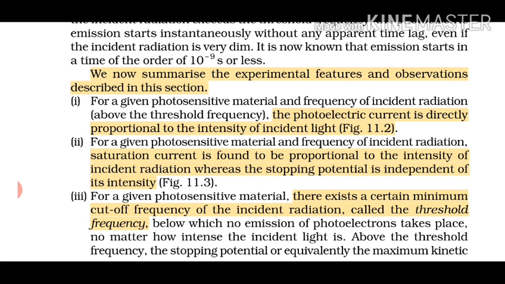The second observation is that saturation current is proportional to the intensity, but stopping potential is independent of intensity. This is what we found from the second graphical variation, that saturation current will be proportional to intensity, but stopping potential will be independent of it, right?